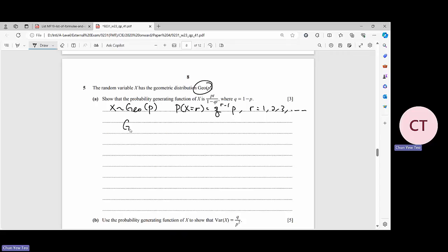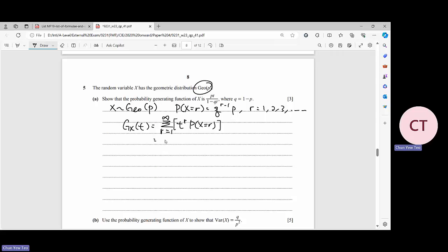Okay, so the PGF is supposed to be the sum to infinity from r equal to 1, t to the power r multiplied by P(X = r). So this one, we can write it like this, easier.